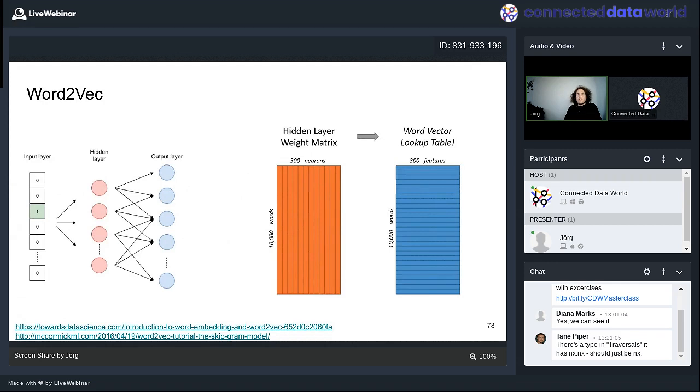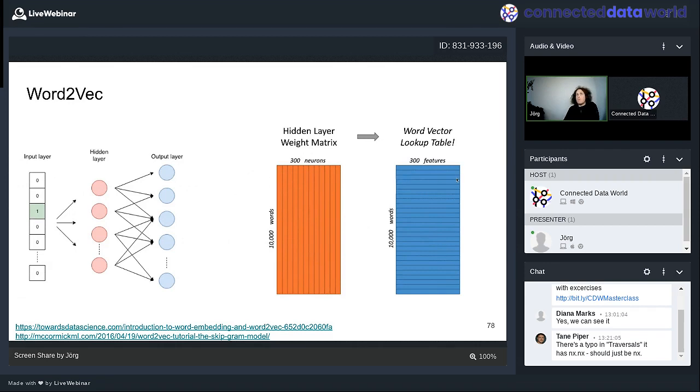So interestingly, once we have trained that, we can interpret that also as a word lookup vector. So here, this dimension is 10,000. And so each of those entries actually represents one word. So for example, king is the third entry, so king would be basically this row.